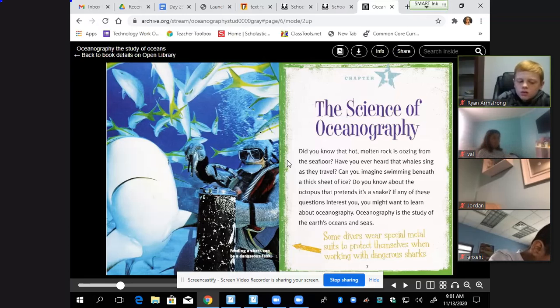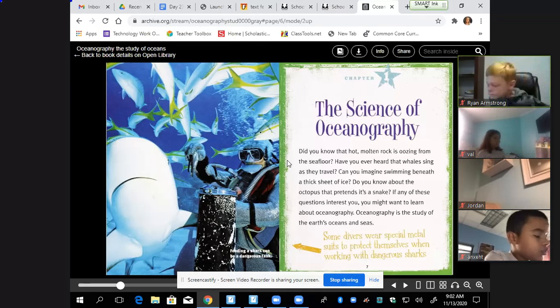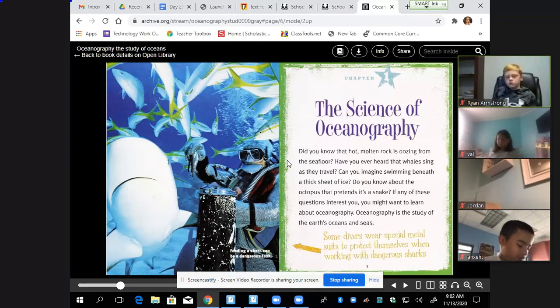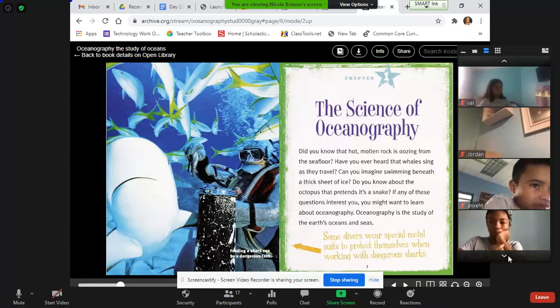And what did we say that this shows? Chapter 1, the science of oceanography. This is the chapter title. Would you say, put a thumb up or a thumb down? Thumb up if you think this is a nonfiction text feature, the chapter title. Thumb down if you don't. My friends at home, I want to see either your thumb up or your thumb down.